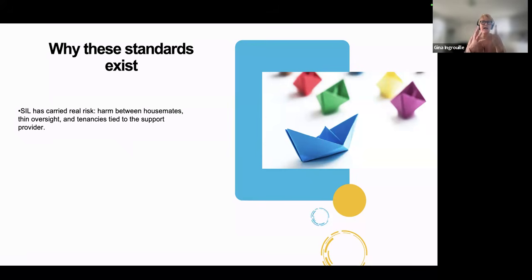They'd say, take your SIL package with you, and I'll rent a house, and people would get tied into these things. And there was a lot of no thinking. The Commission and the NDIA should have thought those things through.